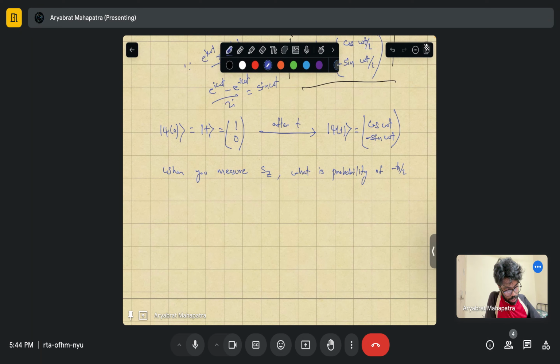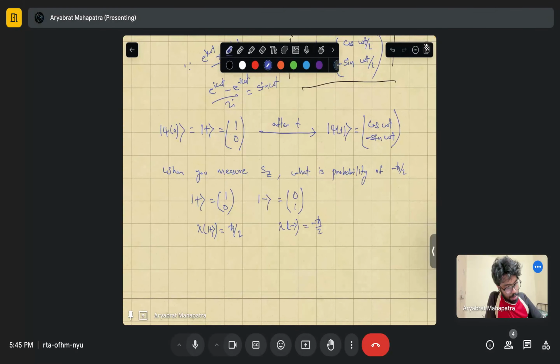Minus h bar by 2 is the eigenvalue of the Sz operator when your eigenstate is the minus state, that is 0 1, because plus we denote by 1 0. The eigenvalue lambda of plus is h bar by 2, and lambda of minus is minus h bar by 2.